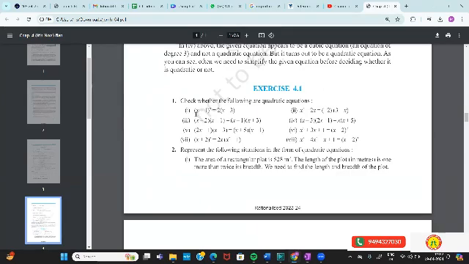So first is (x plus 1) whole square is equal to 2 into (x minus 3). This question we have solved now, I guess. So solve it. Is this a quadratic polynomial or not?